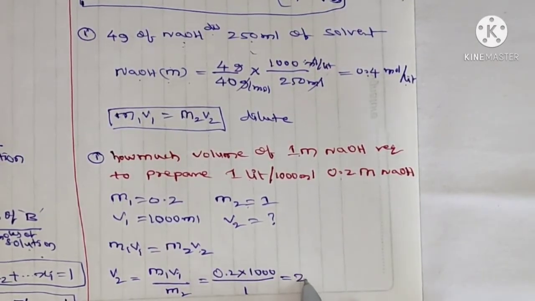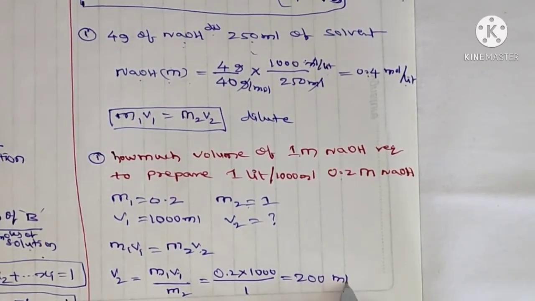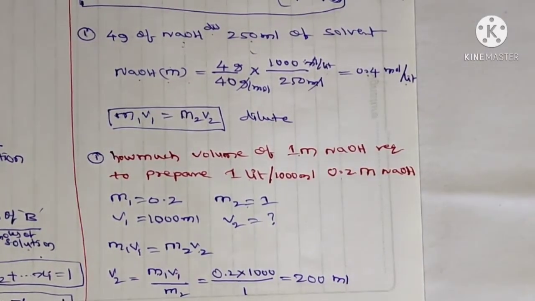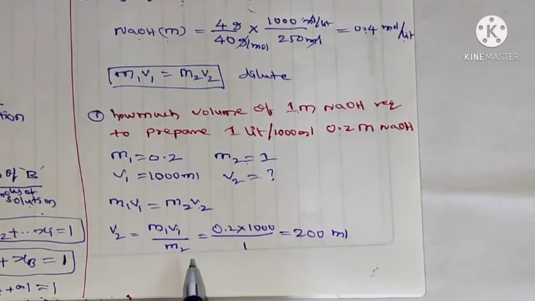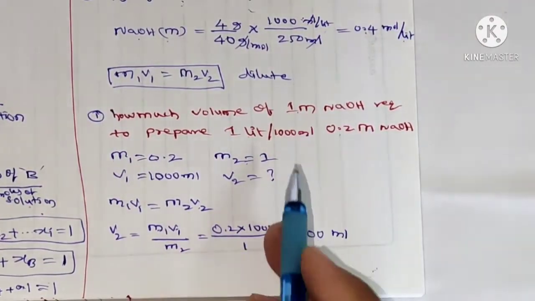If you do this calculation, we will get 200 ml. 200 ml means here take 200 ml of NaOH.